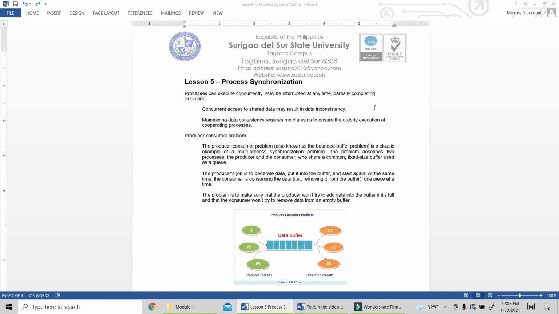If you can still remember the topic we had for threads, wherein we also tackled single-threaded and multi-threaded processes, how important it is for us to have multi-threaded processes, so that we can have a faster and more efficient multi-processing or multi-programming of all of the data that we are using within our operating system, or within the operating system processing.